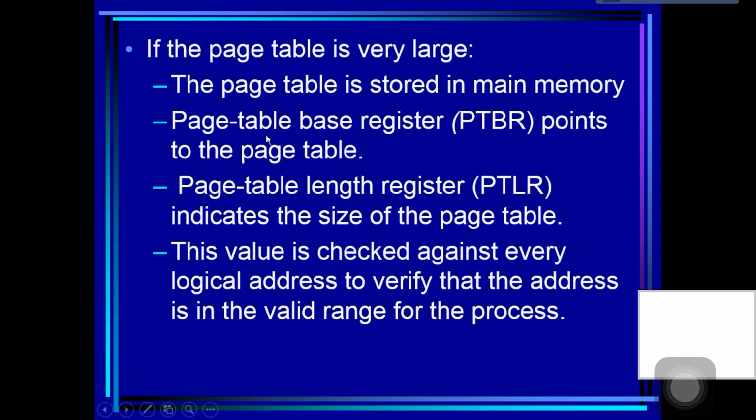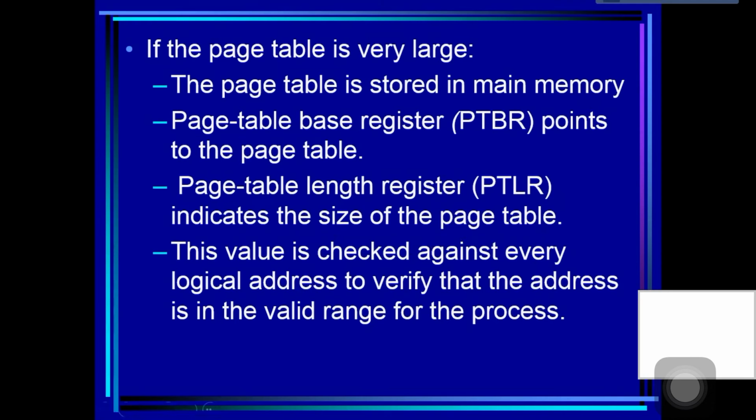One is the page table base register, which points to the page table, the starting address of the page table in main memory. And the second special register is the page table length register, which indicates the size of the page table.